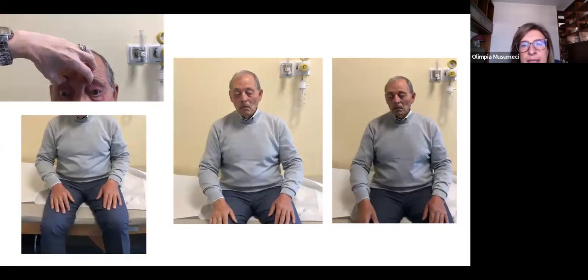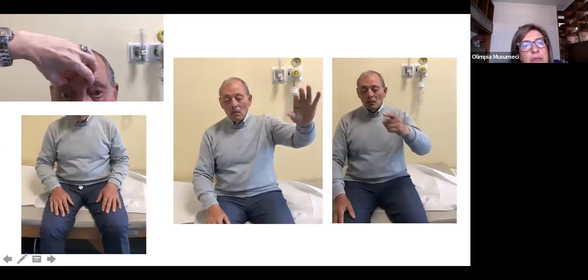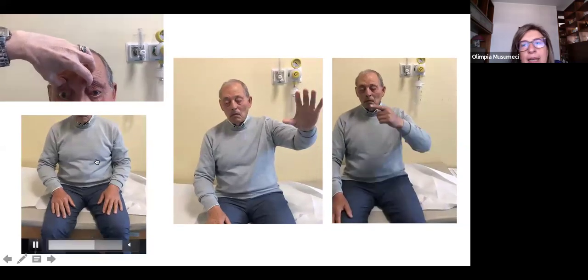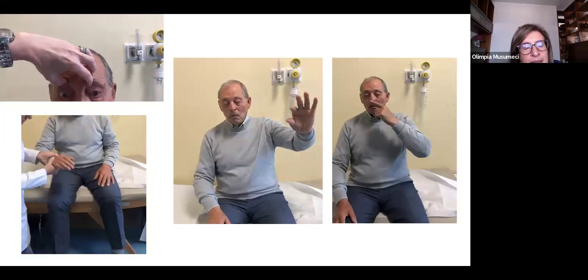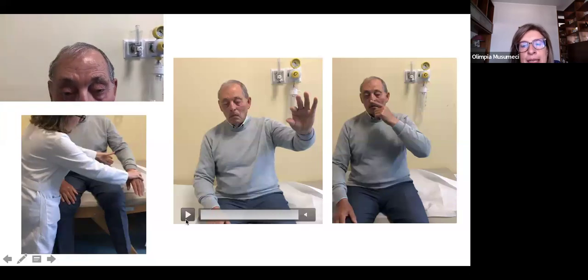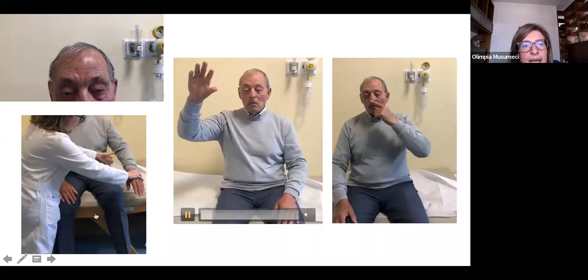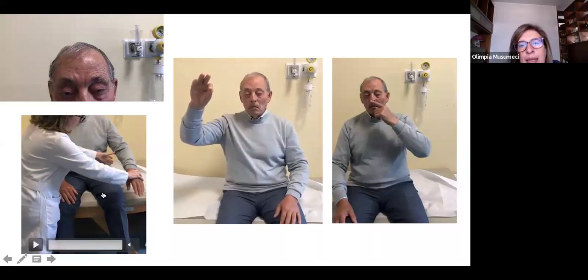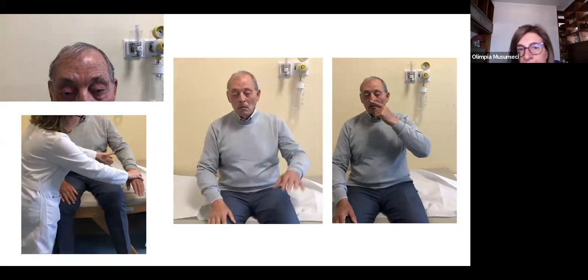He is a 76-year-old man who manifested some dysmetria, some cerebellar signs, but also, as you can see, he has a very amimic face, and looking at the bradykinesia and the tone, we can clearly show Parkinsonism.